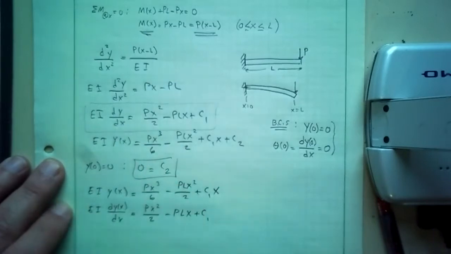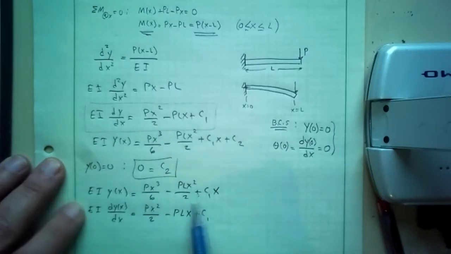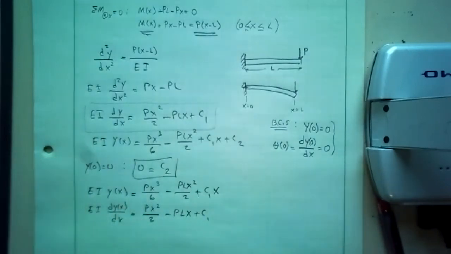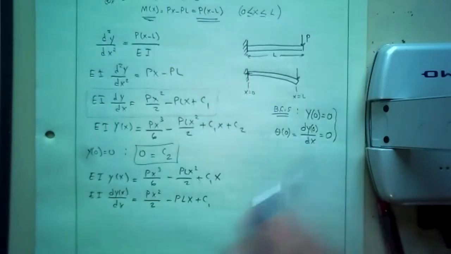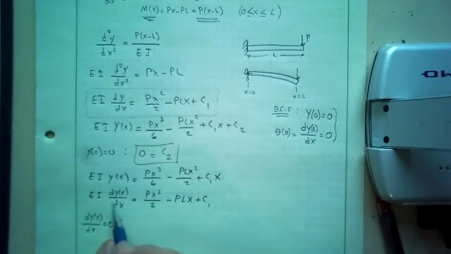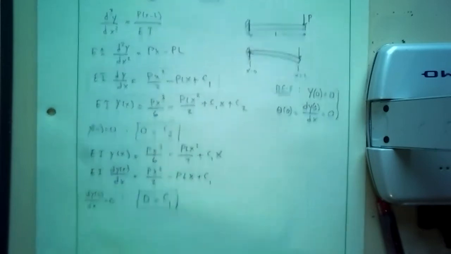Same as that. Take a derivative of this or take that equation. It's the same thing. So I'm going to apply the second boundary condition. dy dx at x equal to 0 is equal to 0. So 0 is equal to 0, 0, c1. Well, c1 is also 0. So both c1 and c2 are 0.